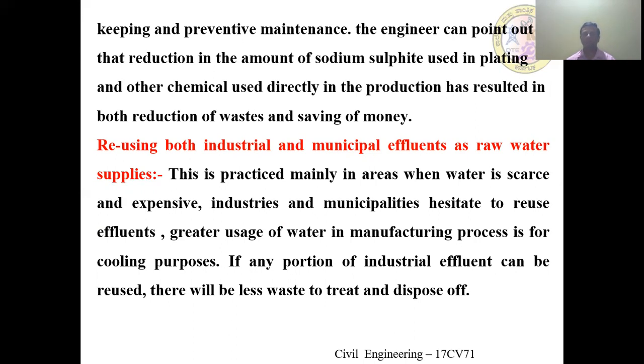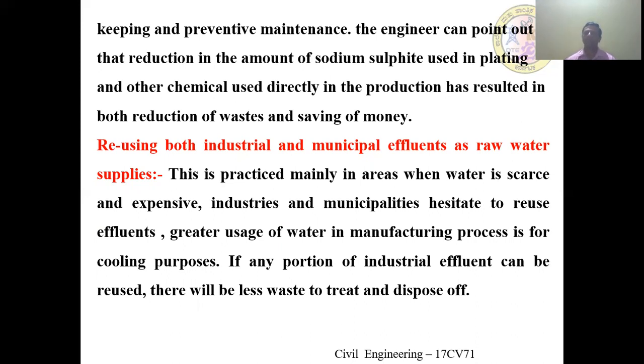Next method, reusing both industrial and municipal effluent as a raw water supply. This is a practice mainly in areas where water is scarce and expensive. Industries and municipalities hesitate to reuse the effluent. The greater usage of water in manufacturing process is for cooling purpose.